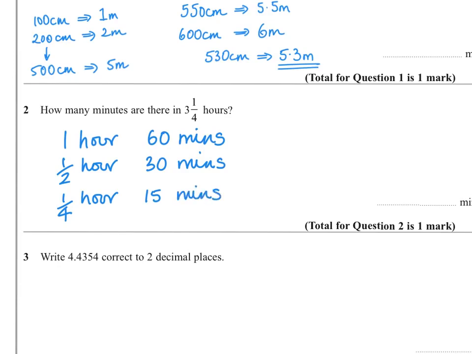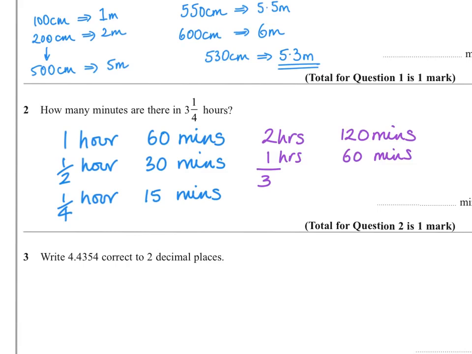So if you know that 1 hour from here is 60 minutes, then 2 hours would be 120 minutes. And if you have another hour here, which you know is 60 minutes, then you can work out what 3 would be.